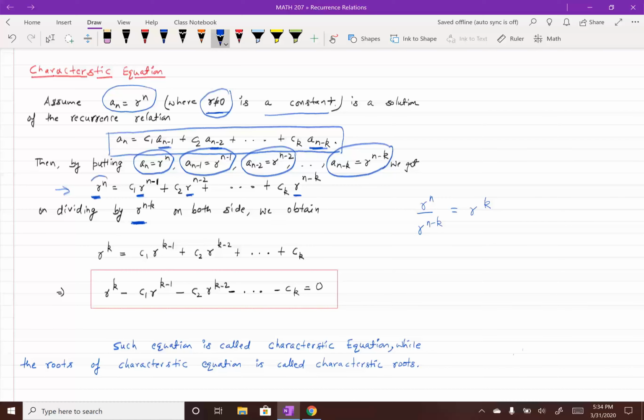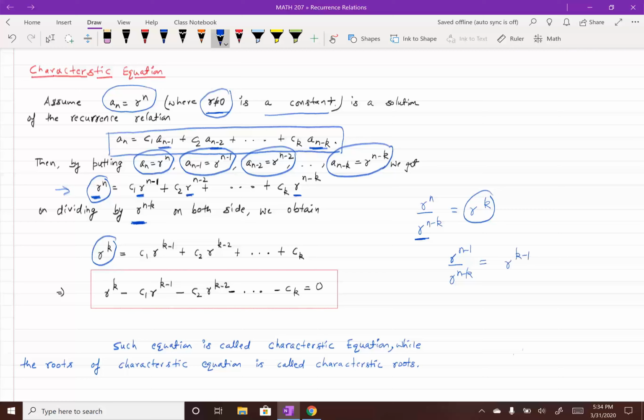So when you divide this term by r to the power n minus k, you will get r to the power k. Similarly, you divide r to the power n minus 1 by r to the power n minus k, and that will be equal to r to the power k minus 1.